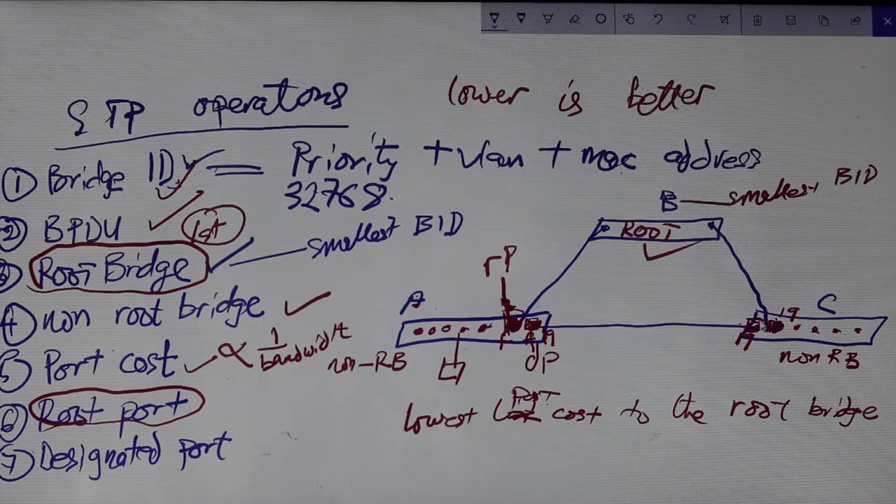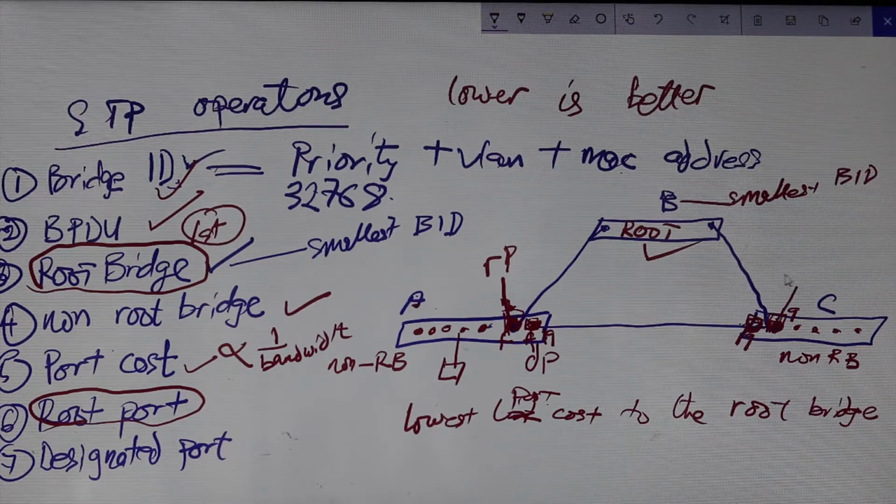Switch C also does its own root port election. And if these ports here are all fast Ethernet ports, then obviously the port you are seeing here will become the winner.